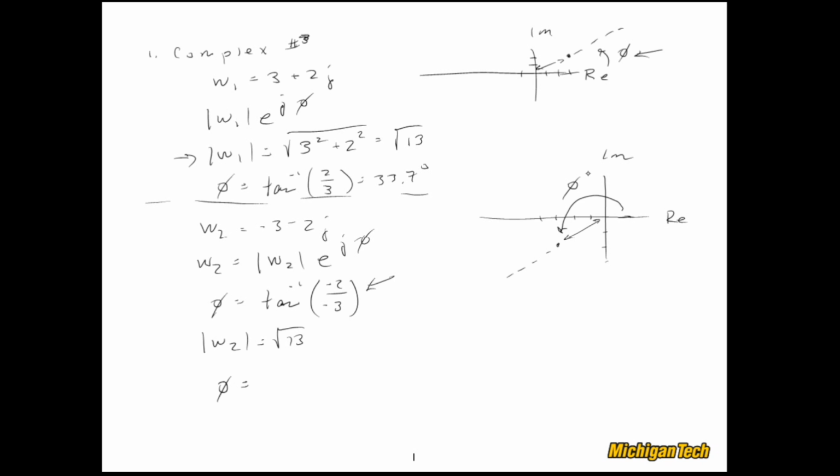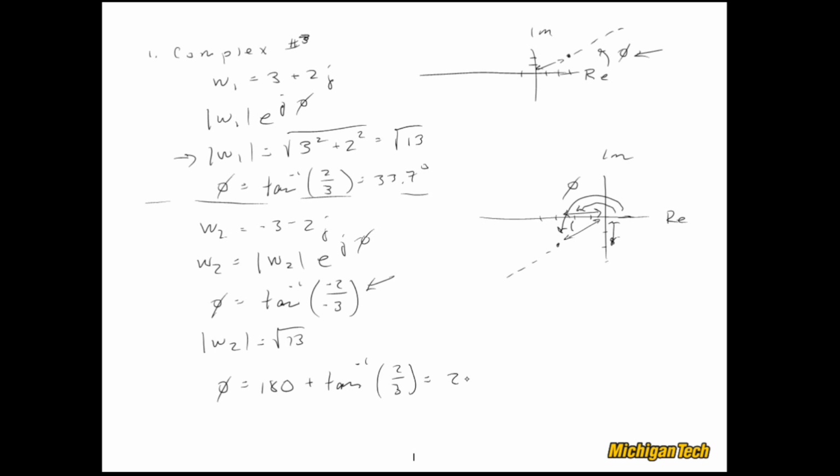For example, we can say that phi is equal to this angle, which is 180, plus the inverse tangent, now let's do this little angle, of 2 over 3. Alright, so 2, that's this distance, over 3, this distance, opposite over adjacent.